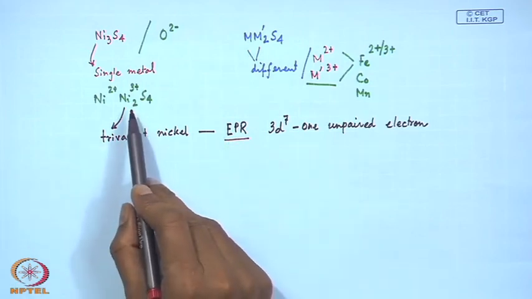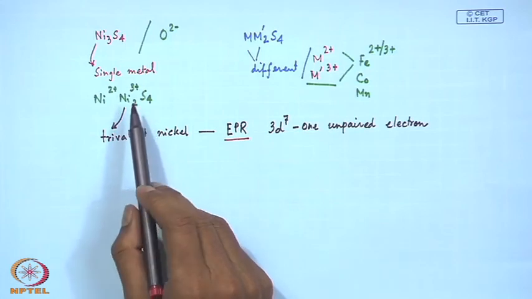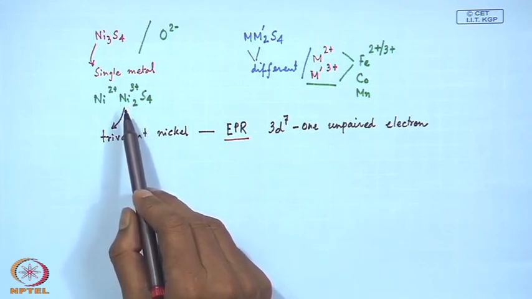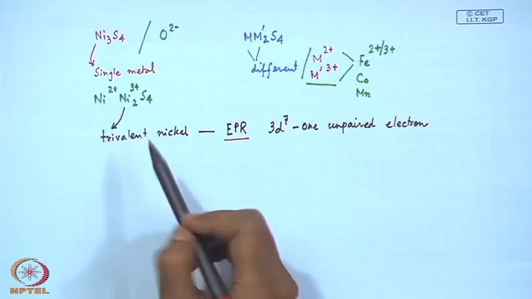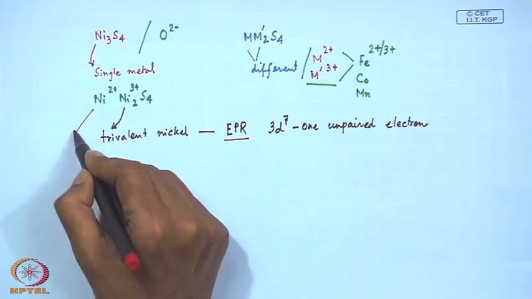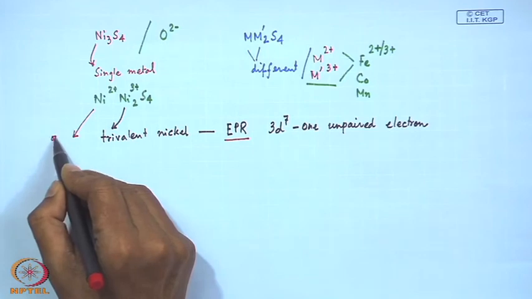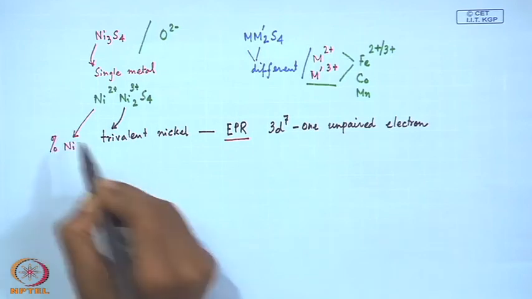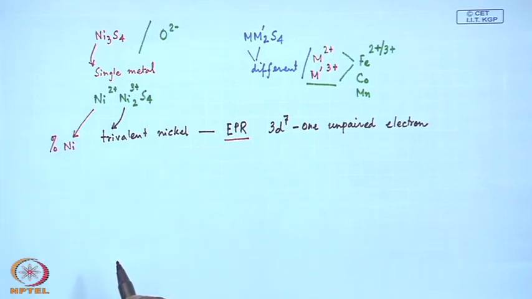So, if we see that this material can show some interesting catalytic activity or any other thing, immediately we can characterize it first for its total nickel content, that means we can determine the percentage of nickel.